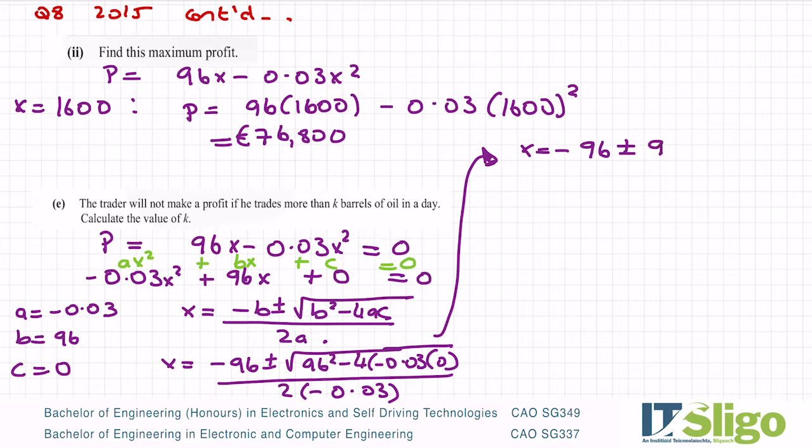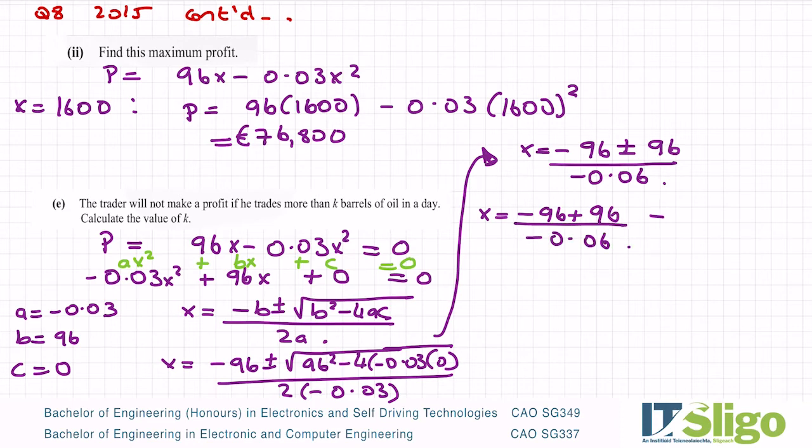And you get 96 all over minus 0.06. Let's split it into the plus and the minus now. So my first answer is minus 96 plus 96 over minus 0.06, and my second answer will come from minus 96 minus 96 over minus 0.06.